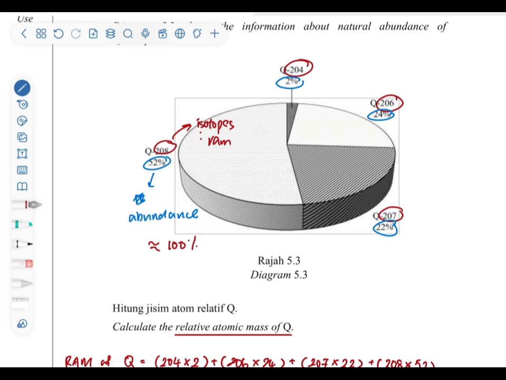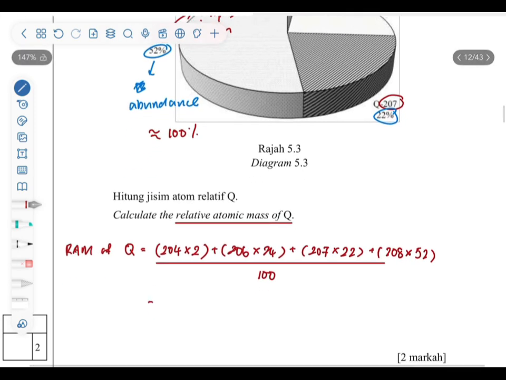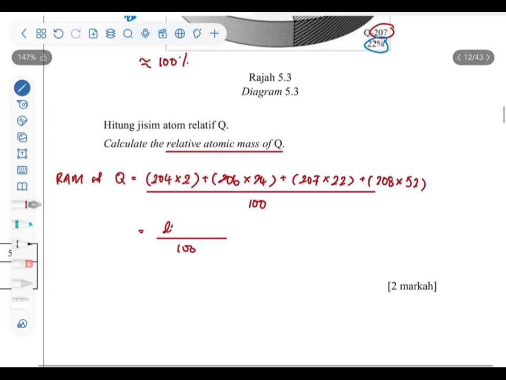If you don't believe it, you can check: 2 plus 24 plus 22 plus 52 equals 100. So let's calculate the answer, which is 20722, and then divided by 100 will be 207.22.